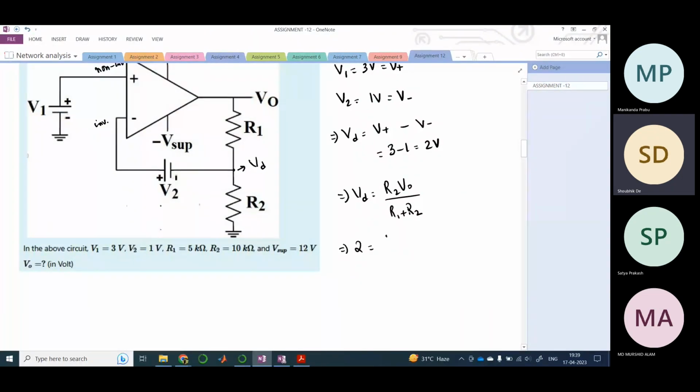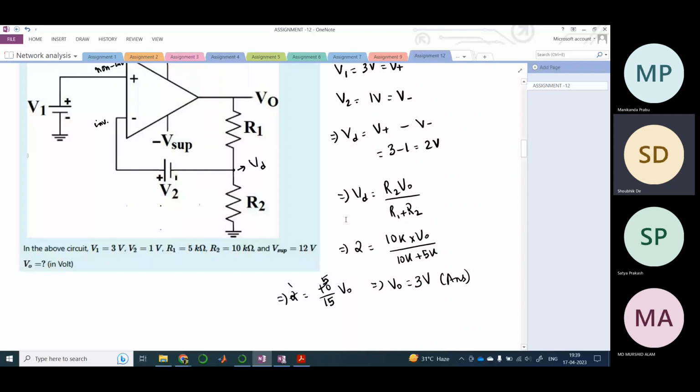It is how much? 10k into V0, and this is 10k plus 5k, right? So 2, 10, 15 V0. So this is 5, this is 3. So this is the final answer.